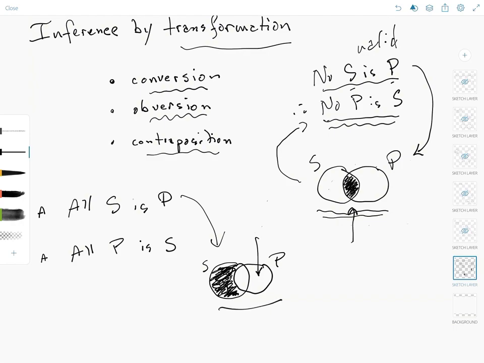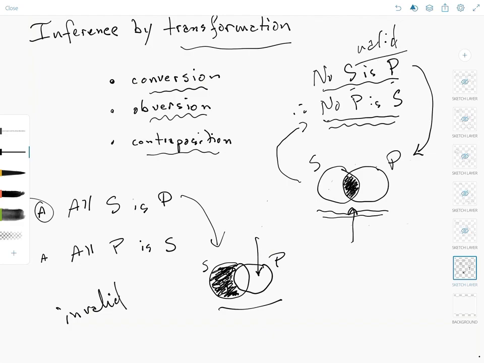That's this. So if the diagram represents the relation between S and P, this diagram does not require it to be the case that all P's are S's, and therefore conversion applied to A is invalid.